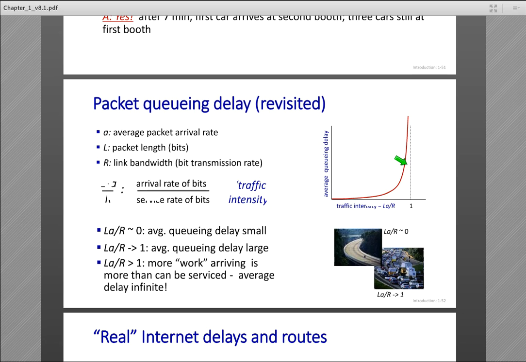How? For example, if you go to the bank, you have something to do in the bank. If you go to the bank very early in the morning, you can do your job, your task, very soon, just in a few minutes.